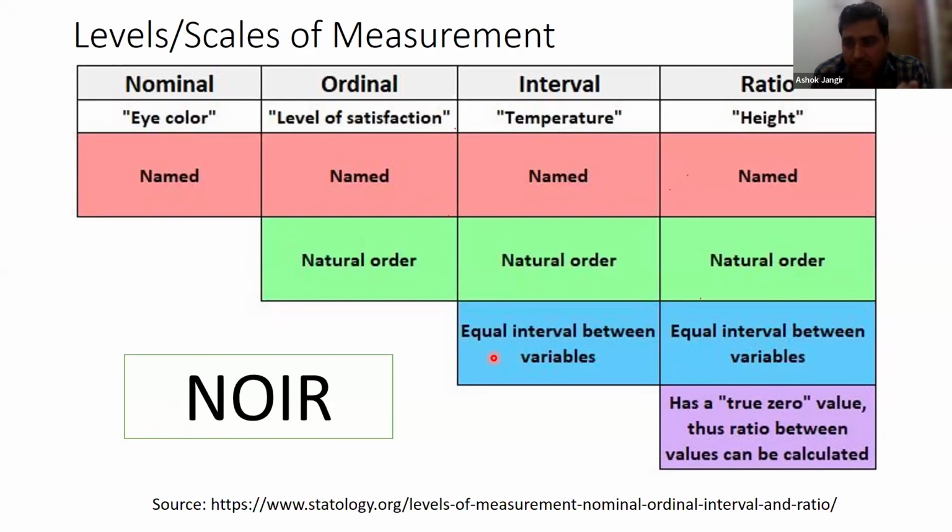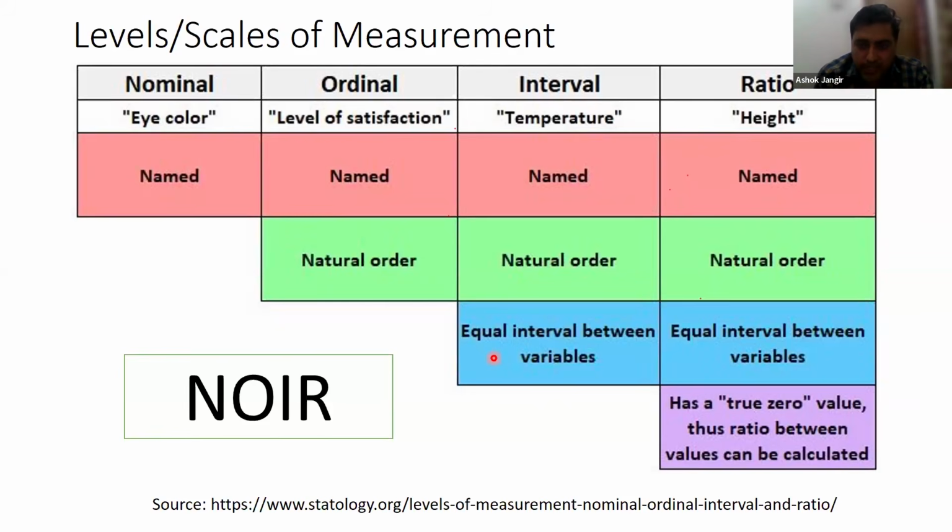Okay, in ratio, for example height, we can give height a name. There is no problem. There is a natural order, and the main thing is it has a true zero value. Height zero means nothing. So we can get a ratio between two values. One person's height is 6 meters, and the second is 12 meters.